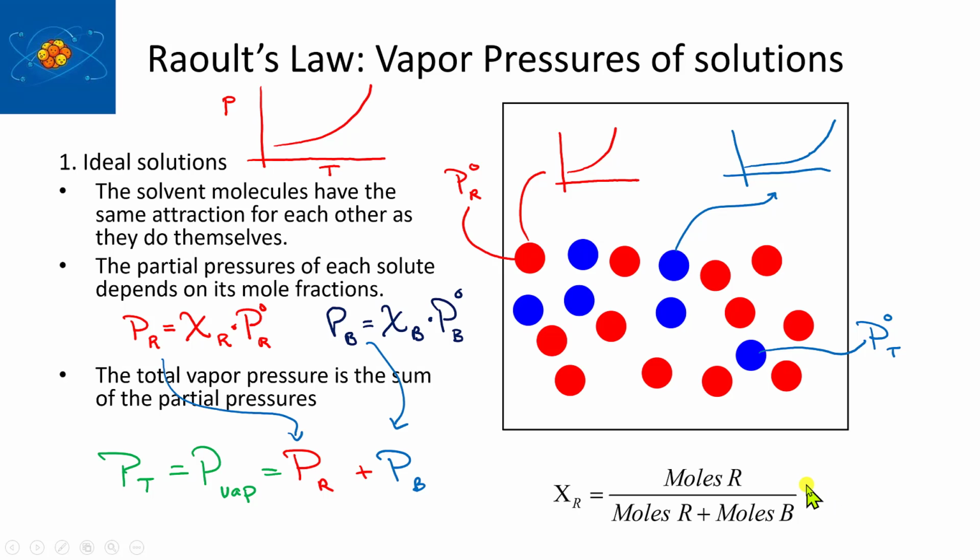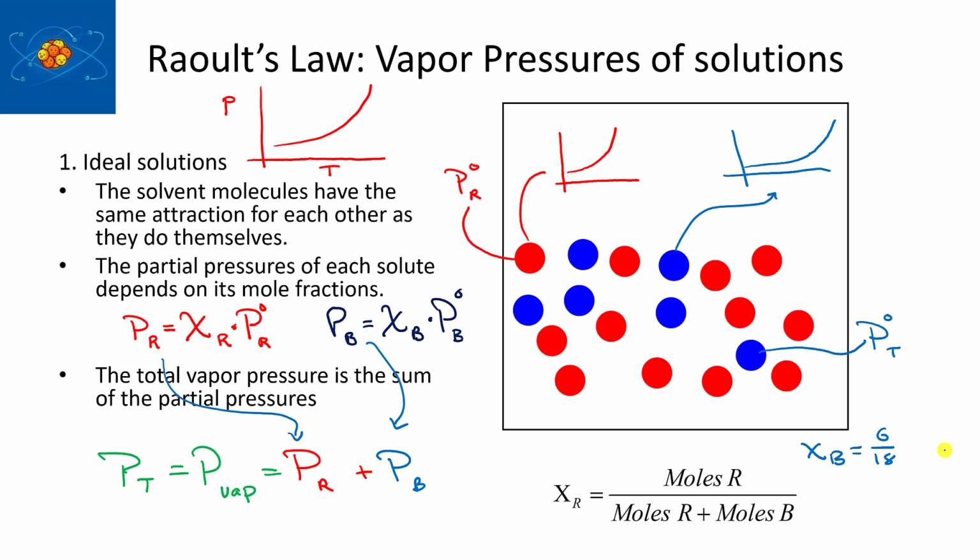So in this particular solution, what we have is, for example, 1, 2, 3, 4, 5, 6 blue molecules. In total, there are 18 molecules in this mixture. So the mole fraction for the blue would be 6 divided by 18, or a third.